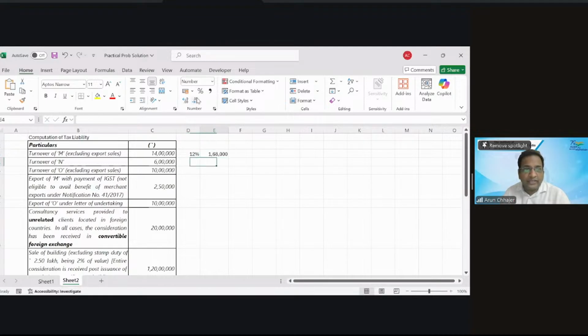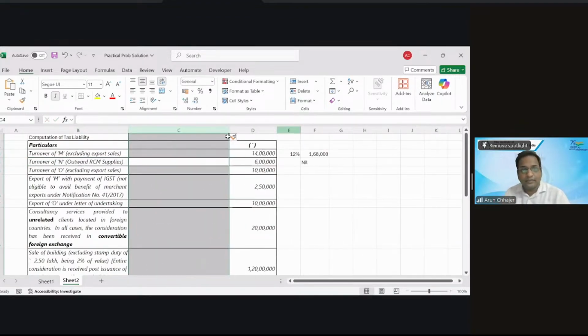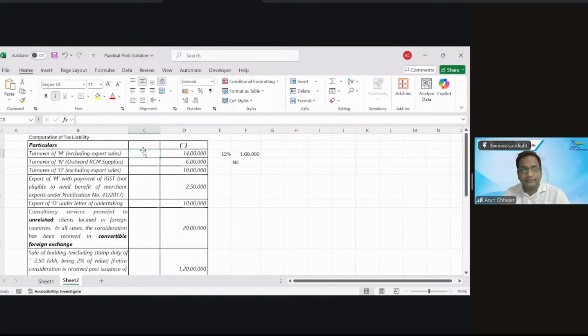Whether turnover of N is chargeable to GST, answer is no, because it is outward supply covered under RCM. If you like to make the working note, you can make the working note.